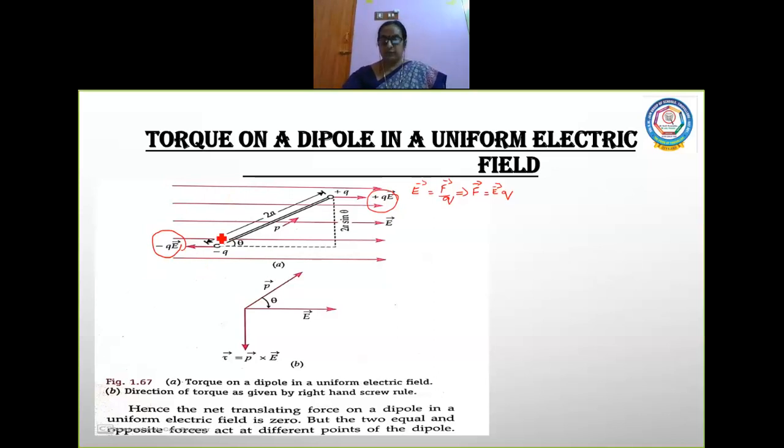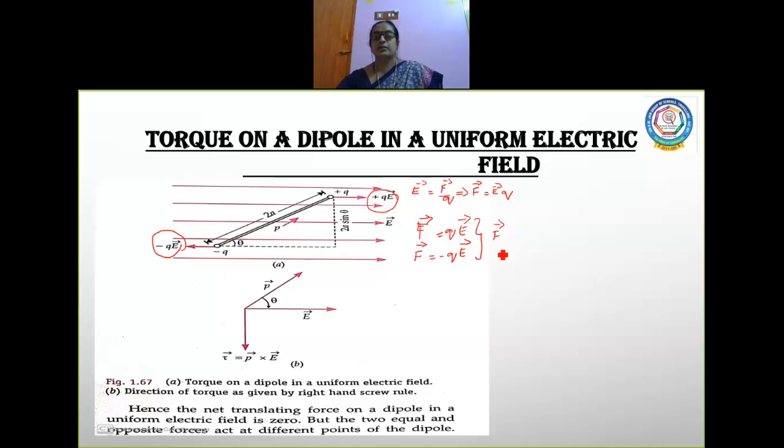Now the force exerted by charge plus q due to the electric field, I will write this as F. F is equal to q into E vector. Now this is with respect to plus q, children, right? And due to minus q, again F vector is equal to minus q into E vector, right? So what is the total force due to this?